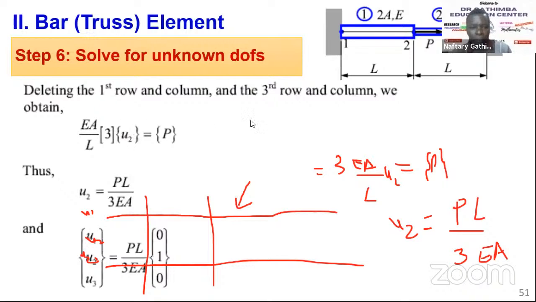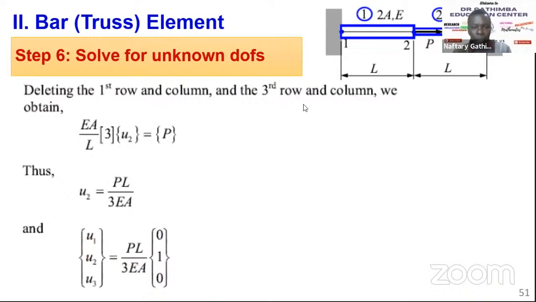This is why I was explaining that we delete the first row and column and the third row and column, we obtain this, and therefore U2 is given by P L over 3 EA. And U2 is the only nodal displacement that was unknown. We knew U1 is 0, U3 is 0, so this one you can put it or not. Up to this part, we already have our answer, the nodal unknown value.